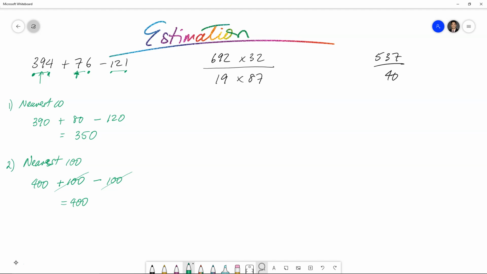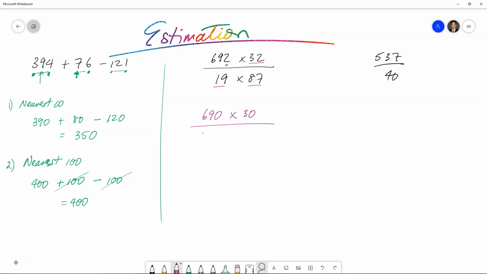With the second example here, my suggestion would be to round it off to the nearest 10 because you have 3 terms in less than 100. So what we'll do is 692 is closer to 690 because the 2 is less than 5. 32 is also closer to 30 than it is to 40.